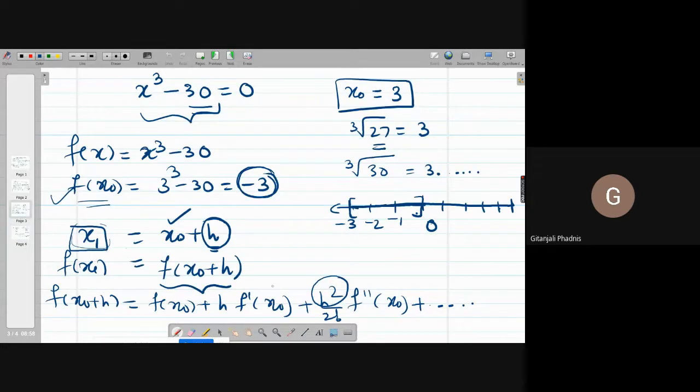So the higher order terms can be neglected very easily, because you are dividing those values by some number again. 2 factorial, going ahead your denominator is going to increase, 3 factorial, 4 factorial, so those numbers will become very small. So you can easily neglect them. Are you getting the point?